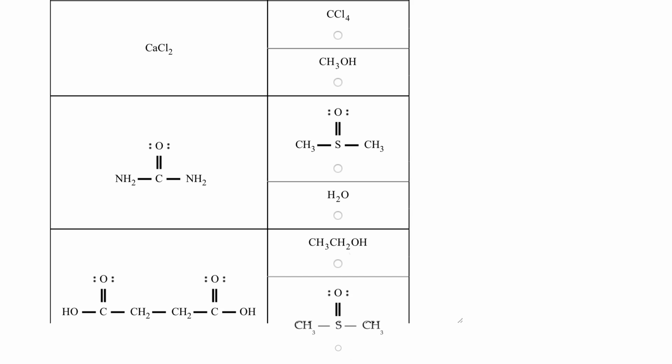So it's not polar. The alcohol is polar. The oxygen has a higher electronegativity than the carbon, so it's going to pull more, and so the right side of that alcohol is going to be negative, the left side is going to be positive. For that reason, a polar molecule like alcohol is going to dissolve that salt. So I would pick alcohol, and I would not pick carbon tetrachloride.